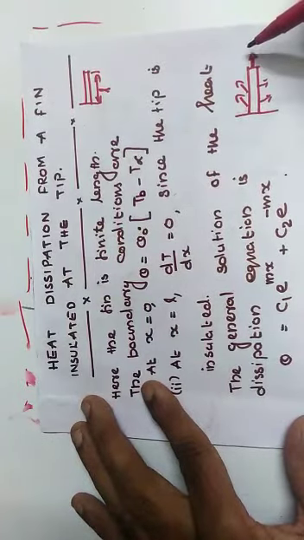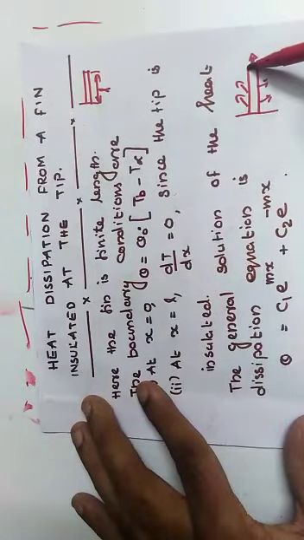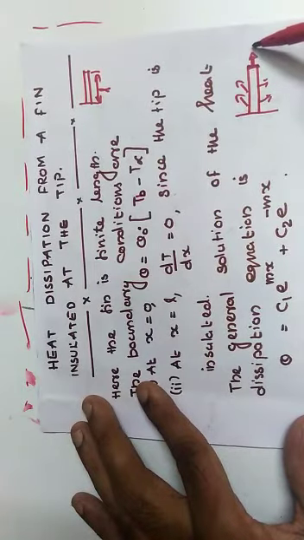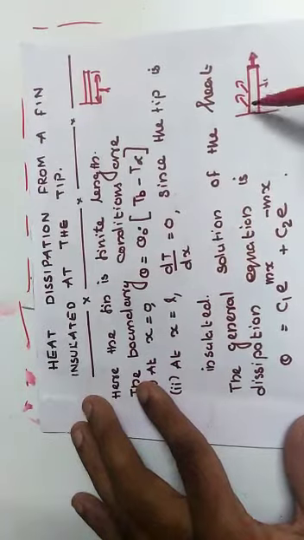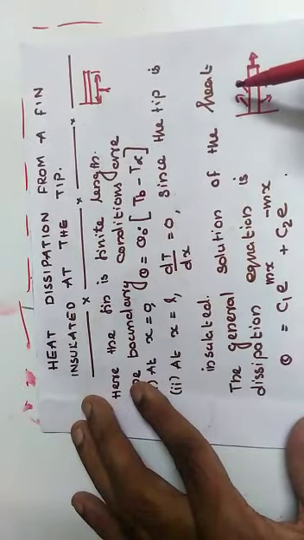This is very complicated. So if you assume that this face is insulated, then there is no heat transfer in this direction, the axial direction. You need to calculate the heat transfer rate only in the radial direction.